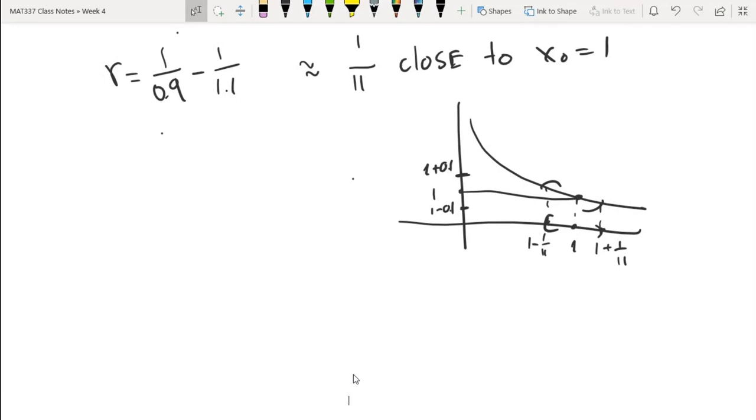Okay. So let's see, right. But for x2, the same R doesn't work.